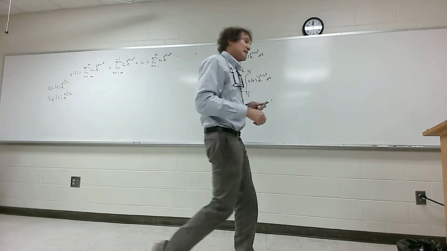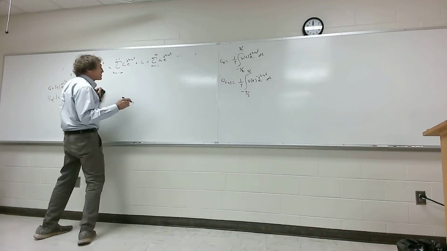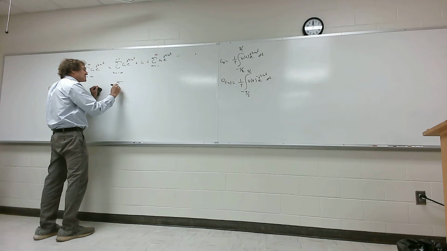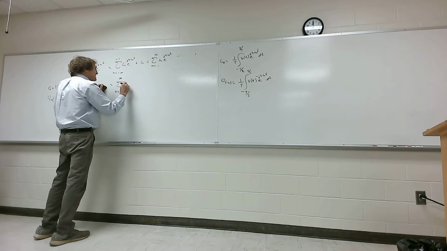Because here, if you look at this, I can say that this part now is the summation from n equals infinity, or really from 1 to infinity, and I can put C of minus n here.